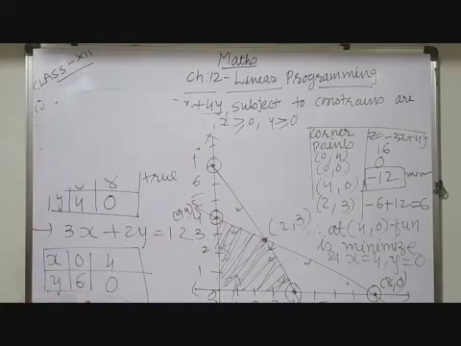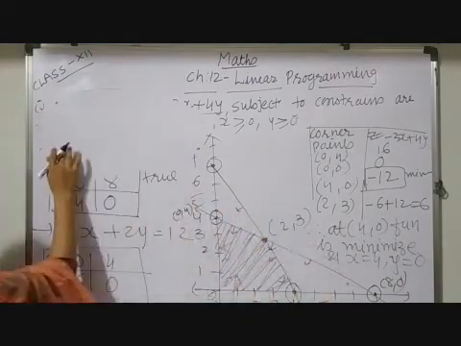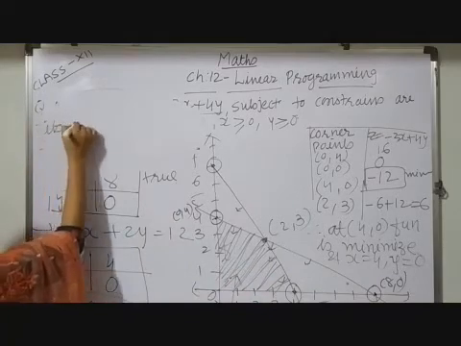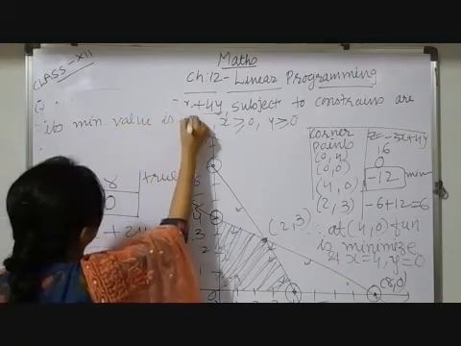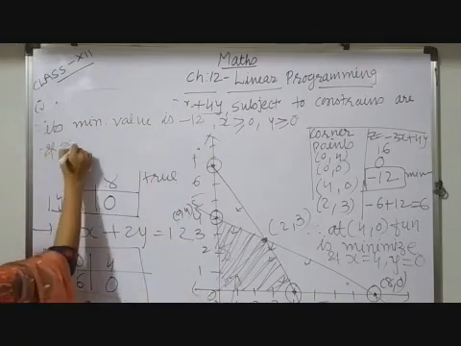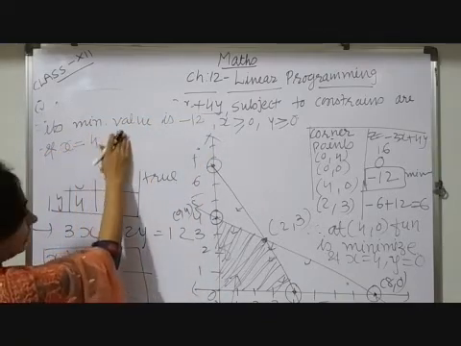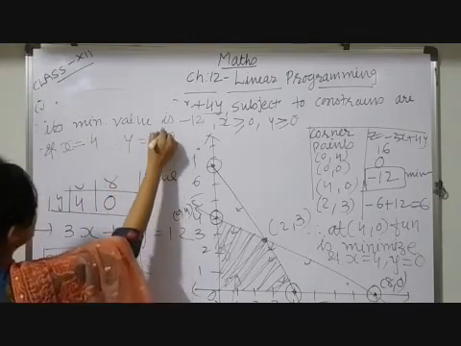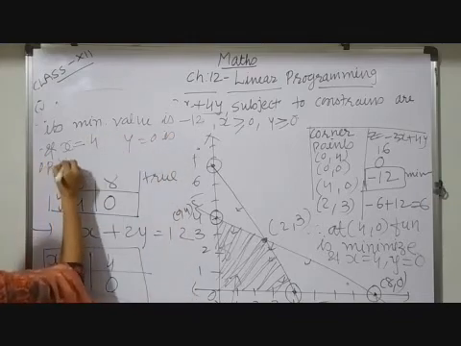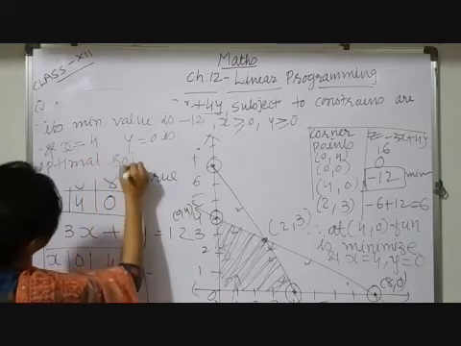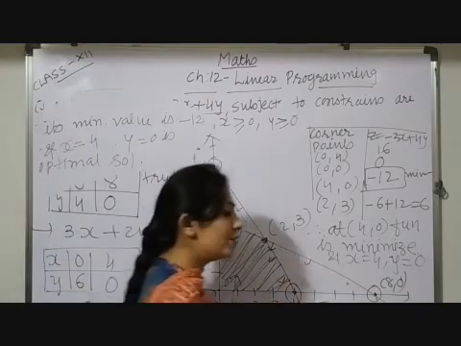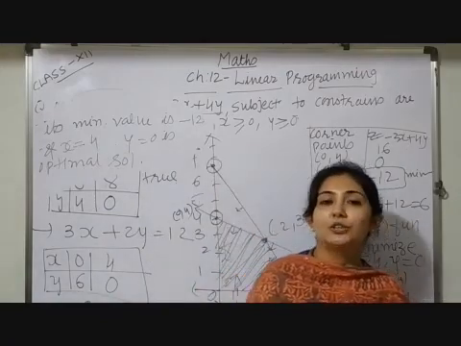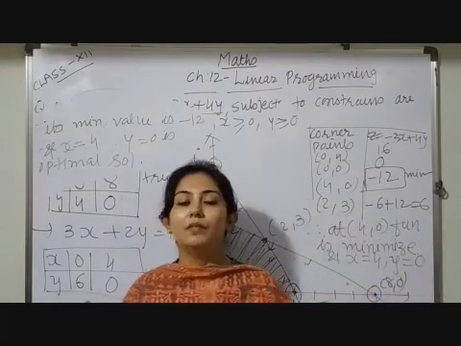Its minimum value is -12, and x = 4, y = 0 is the optimal solution. So this is the way you have to complete this question. It is a 4-mark question, and in 4 marks you are going to get one such question for sure, which you have to plot.